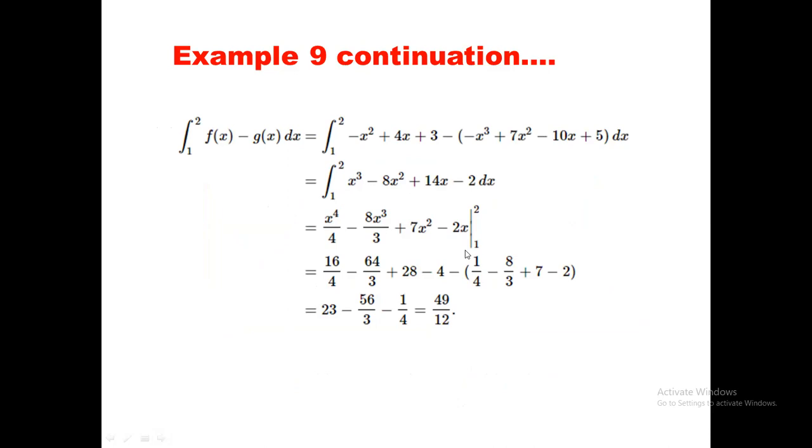The only mistake that you are most likely to commit here, if you are in a hurry, which most of us are guilty of, is in the simple substitution of the values of the variables. So in this case, the area has a value of 49 over 12. Okay?